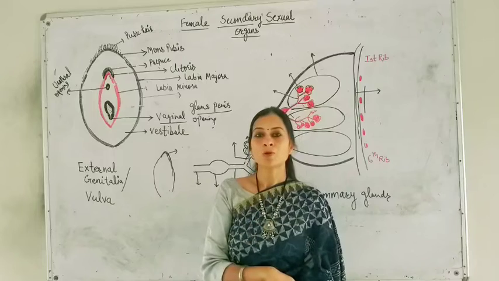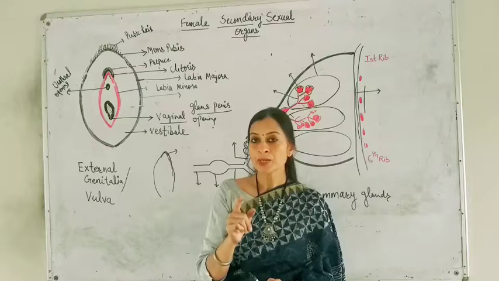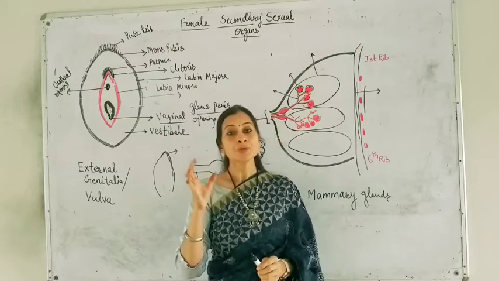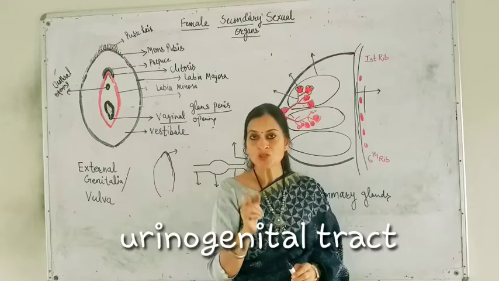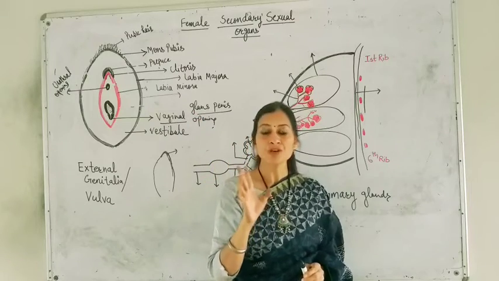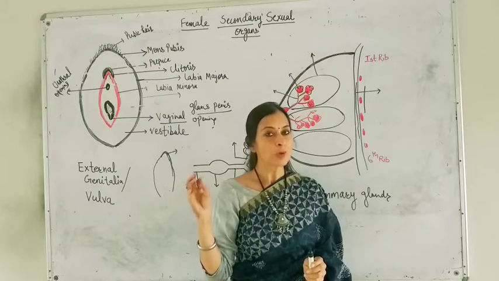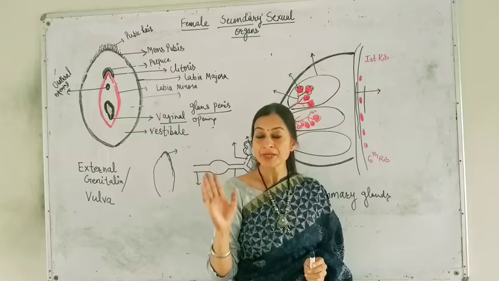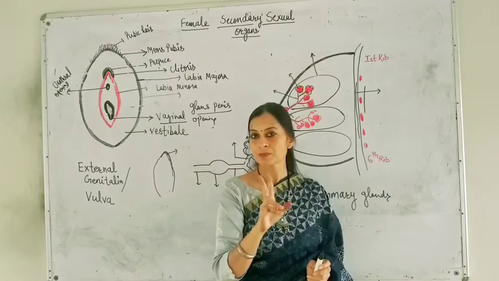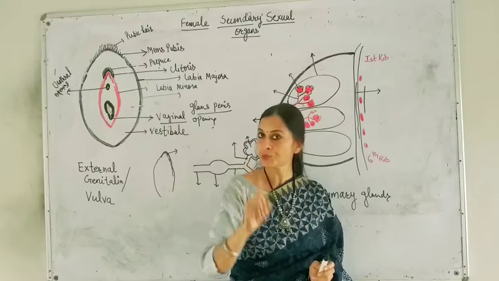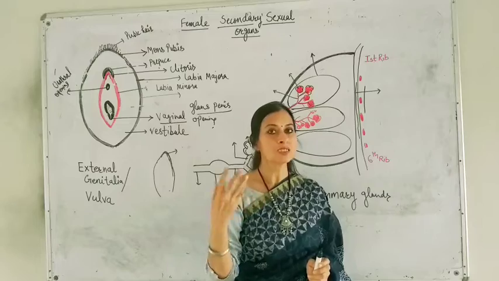Now again recall the male reproductive system. I told you that in males there is a urinogenital tract, meaning the penis has a tubular structure, the urethra, which has a common function, both to pass out urine as well as semen. That means the urethra in males serves two purposes, one to pass out urine and the other to pass out semen.